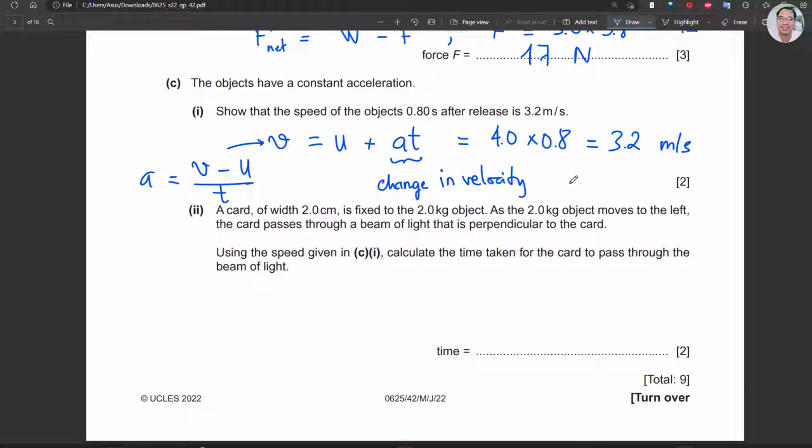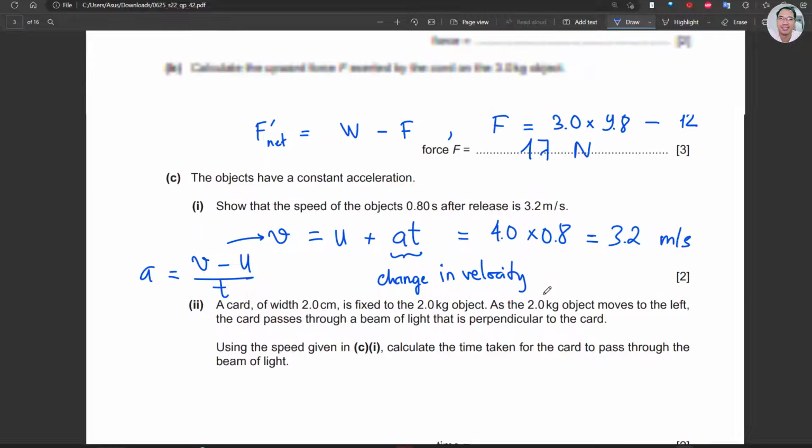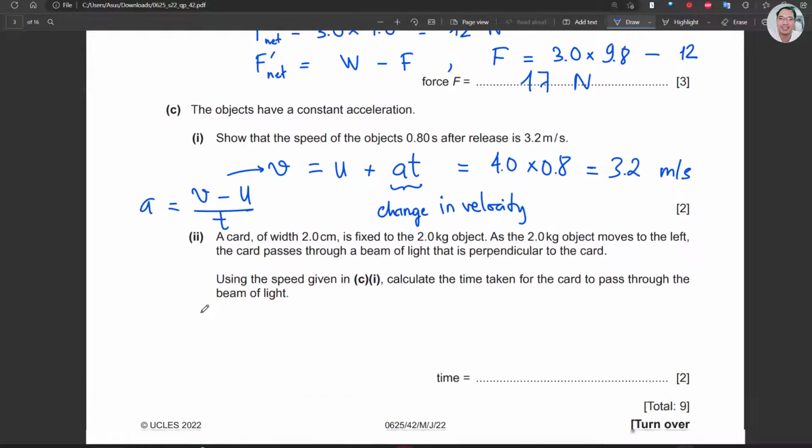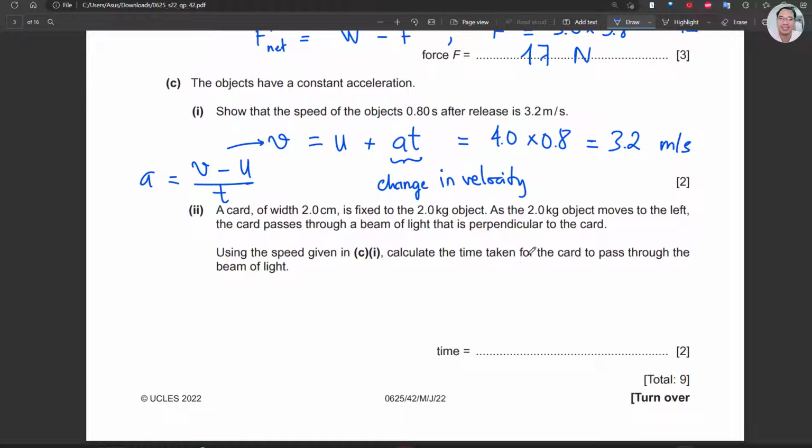So I'm thinking if we can use speed 3.2 meters per second or another value, because the speed is not constant. They didn't mention at what time it passes through the beam of light, which is the 0.8 second after release. But the only way to do that is to use this speed.